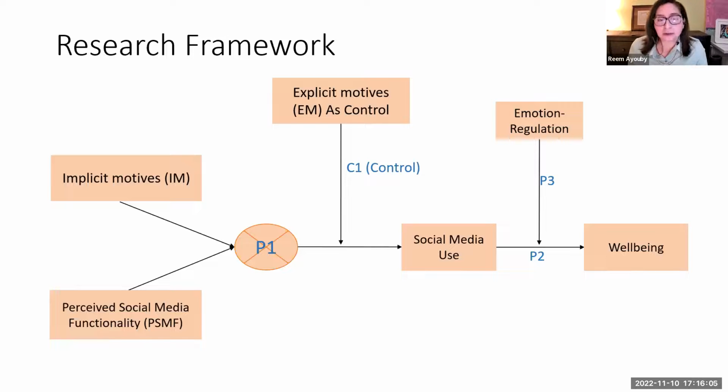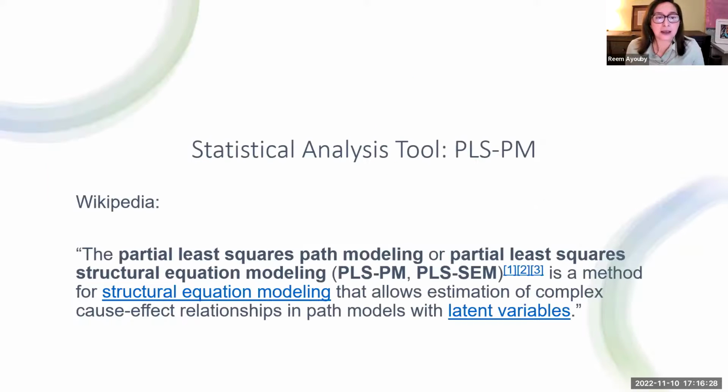And then social media use would be a result of these interacting, and well-being, I theorize, would be a result of social media use, depending on a person's ability to regulate their emotions. So I used a statistical method called PLS path modeling.